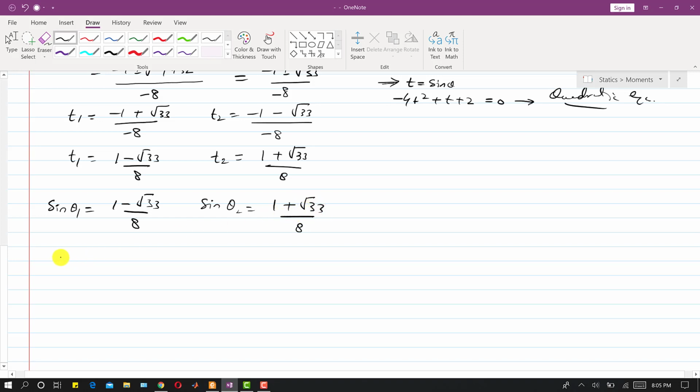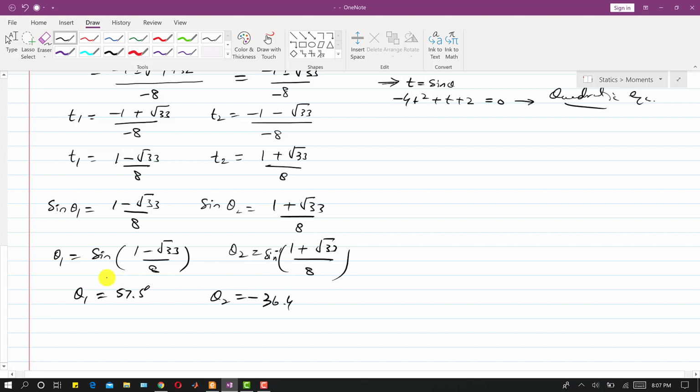So θ1 will be equal to sine inverse of (1 minus square root 33) divided by 8, and θ2 will be sine inverse of (1 plus square root 33) divided by 8. When we solve this, θ1 is 57.5 and θ2 is minus 36.4.